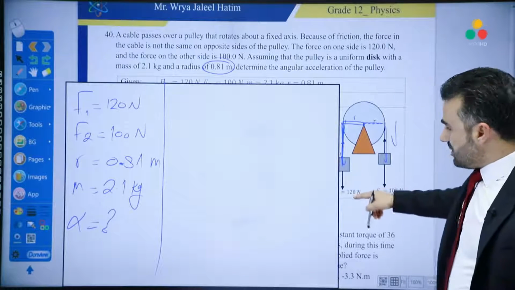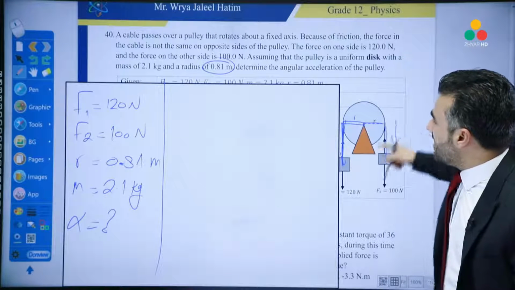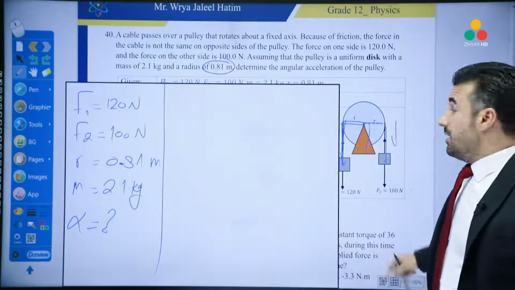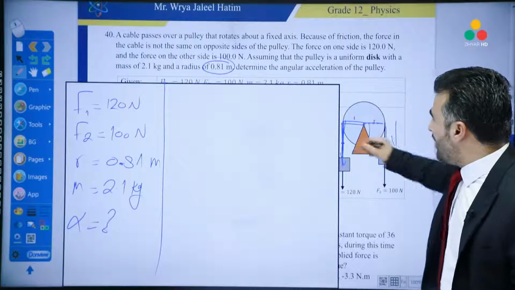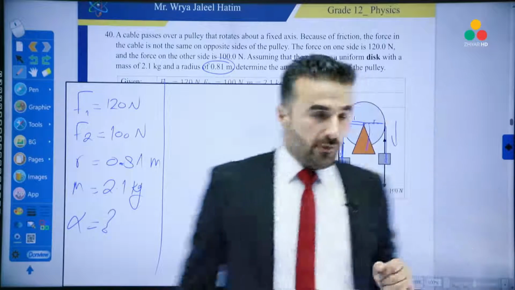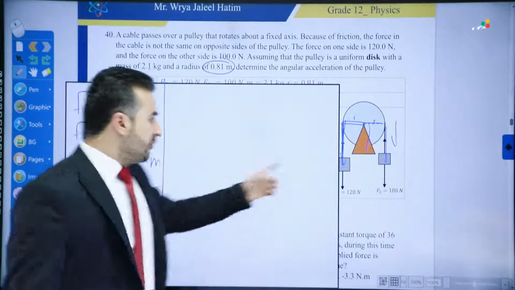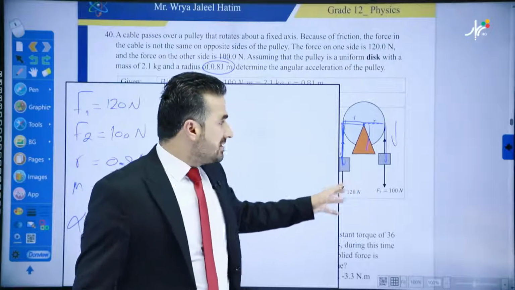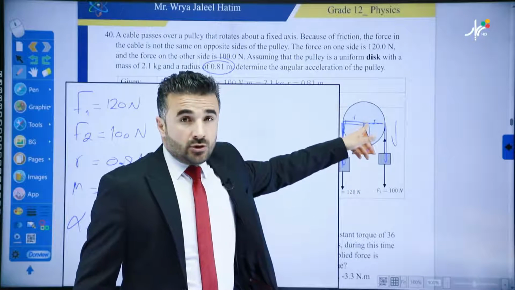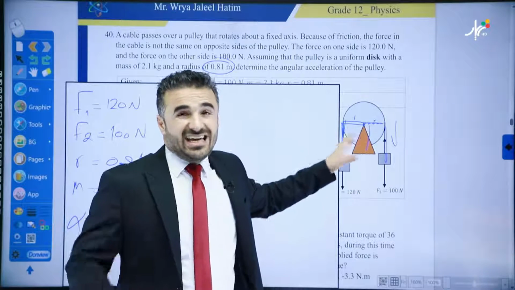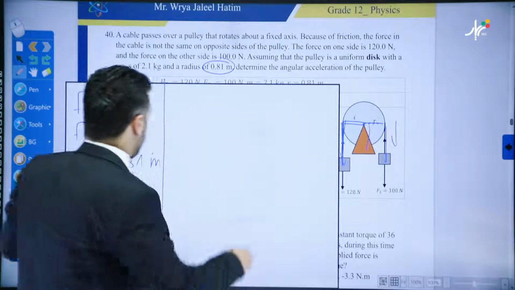But of course this one is bigger, so it's going to rotate counterclockwise, but with what angular acceleration? Because we have two forces that try to rotate the pulley in opposite directions, here's what we're going to do.